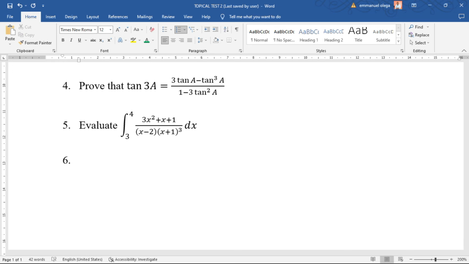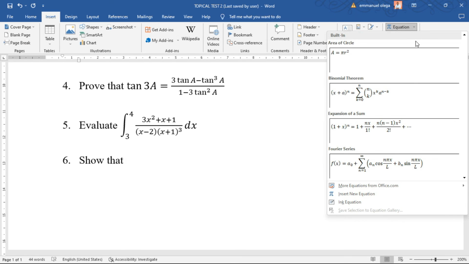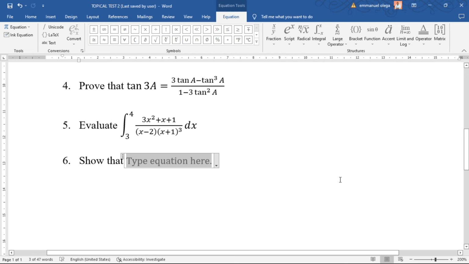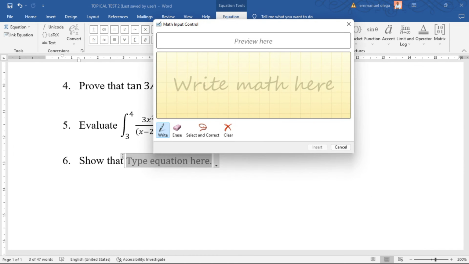Okay, and then lastly, for this, I will also make use of that ink equation. It's actually the best.